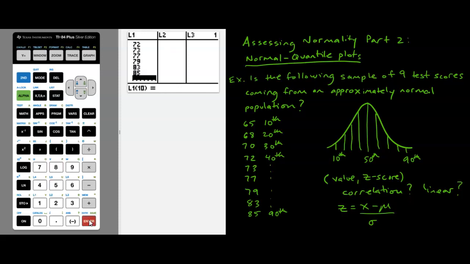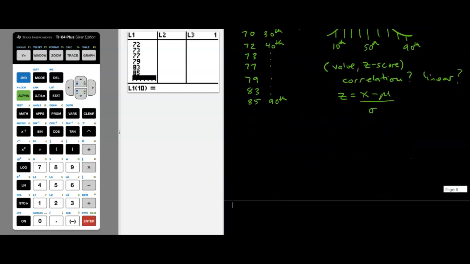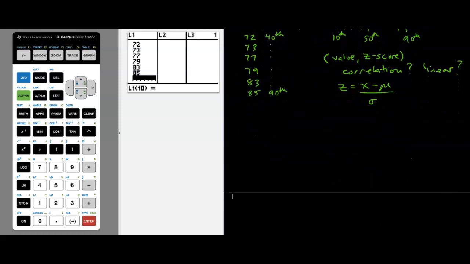So there are the 9 data points. Now, as I do this in the calculator, I'm at the same time going to write the steps in the notes here. And so, at first, I'll write down what we just did. So stat edit and enter your data.